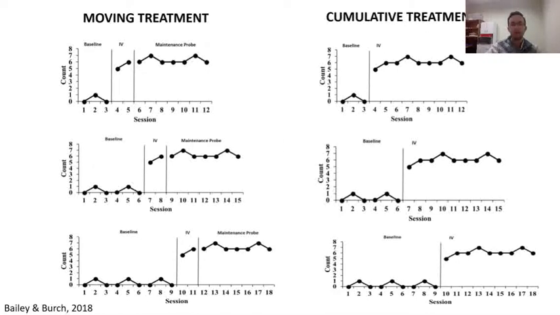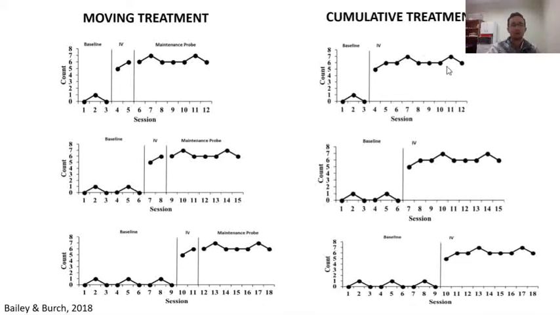In the cumulative treatment multiple baseline design, the independent variable is introduced in the first baseline, and it continues to be implemented in sessions as you gradually stagger the introduction of the independent variable to the subsequent baselines. So notice that there's a phase change line that separates the independent variable condition from maintenance probes in the moving treatment multiple baseline.